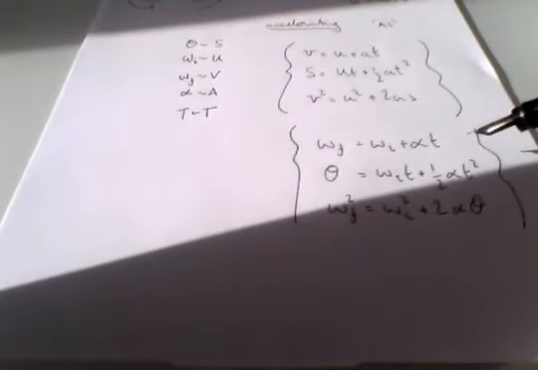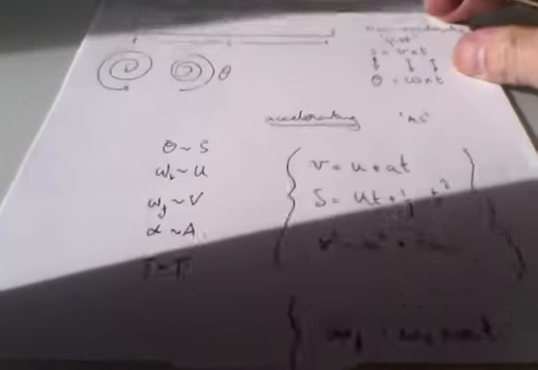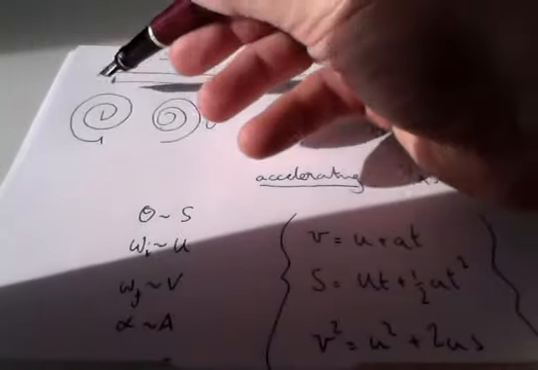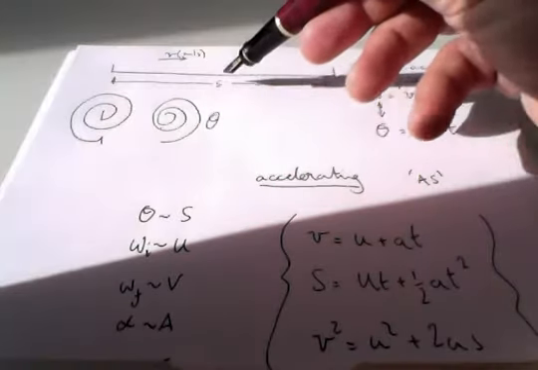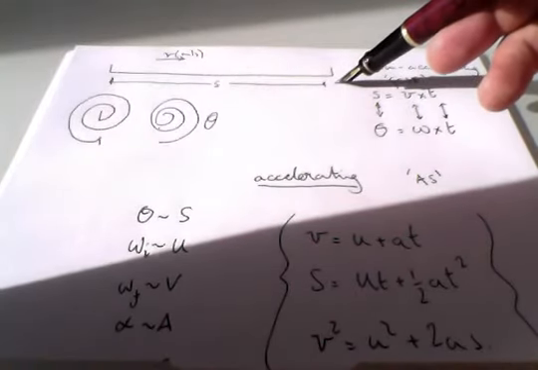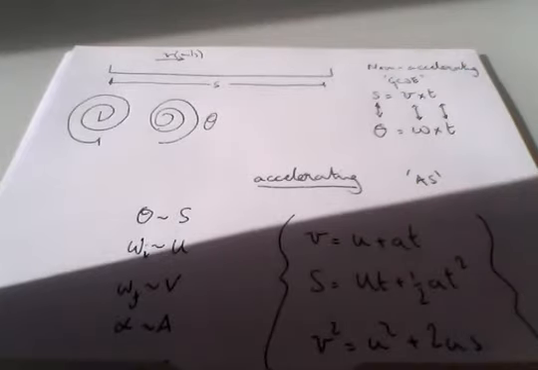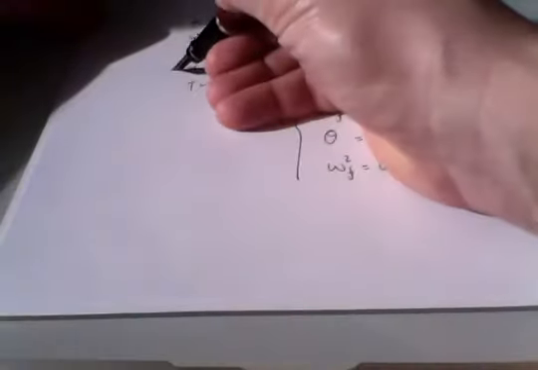So hopefully any situation you see of a rotational object going around, you could almost cut it, reel it out, and see how a linear equation might apply, and they are identical. So let's quickly define what alpha is, and then we'll move on and give some examples.